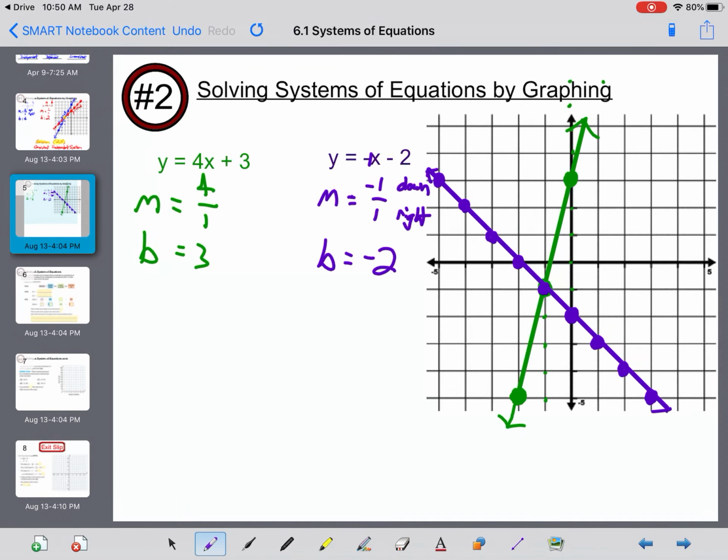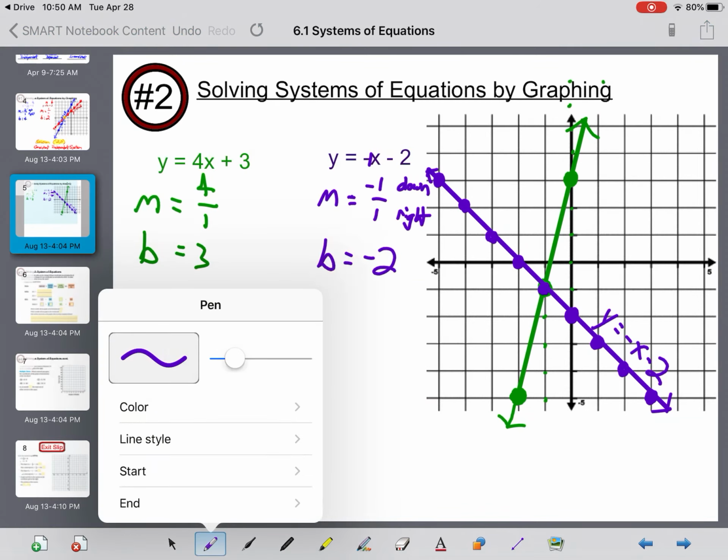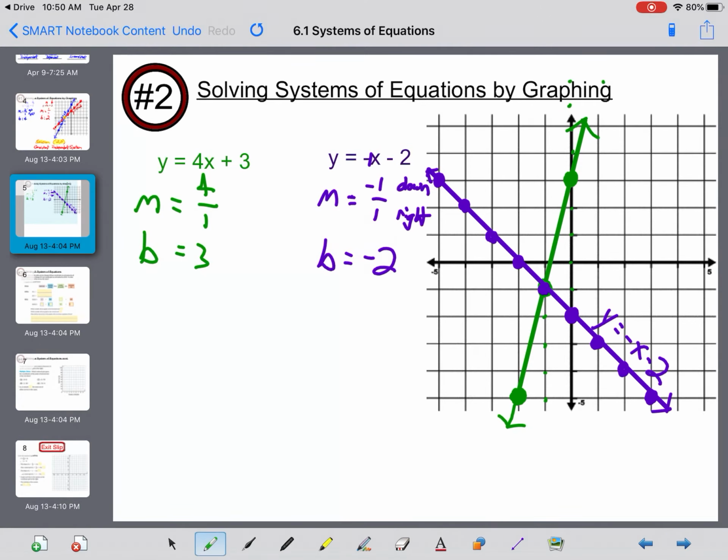Connect our points, put our arrows on the end, and now I can label. So I'm going to label y equals -x minus 2, and our green equation was y equals 4x plus 3.